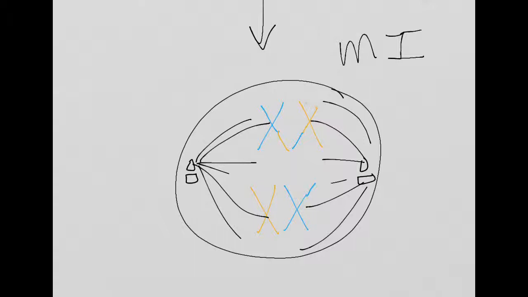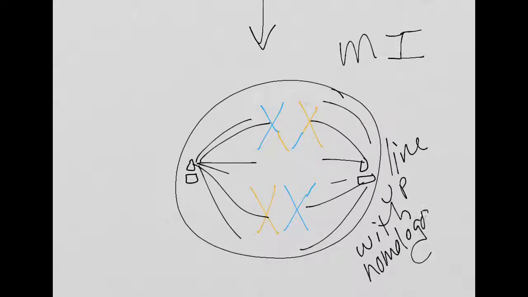So we line up along the metaphase plate here, but we line up with our homologous pairs. This is different than we had during mitosis. Mitosis, they all lined up single file. Here they are lining up with their pair.